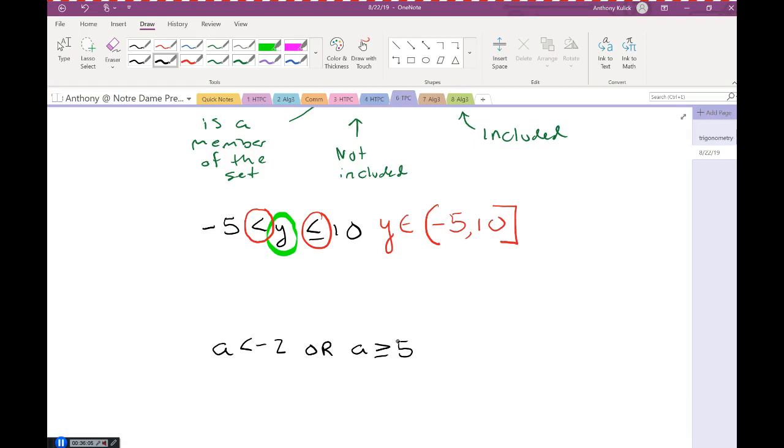And that's if the situation involves an OR inequality. So I think we've touched on this briefly last year. Does anybody remember the symbol that we use to deal with an OR?